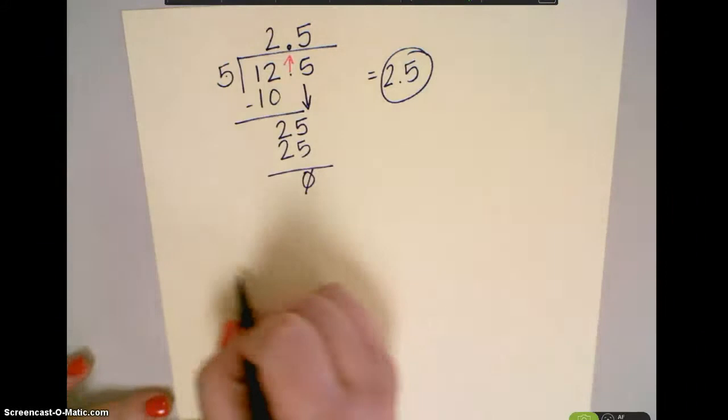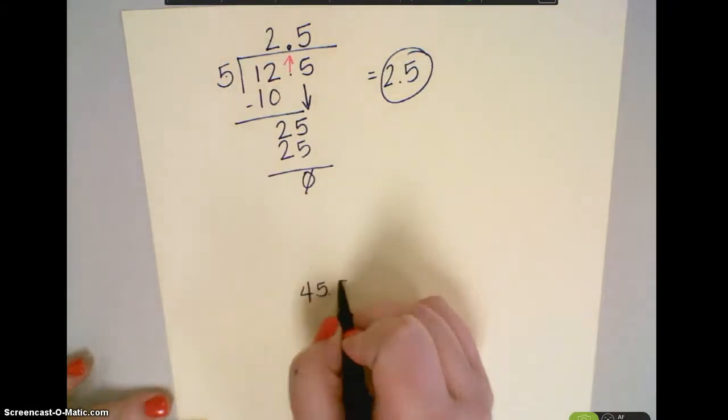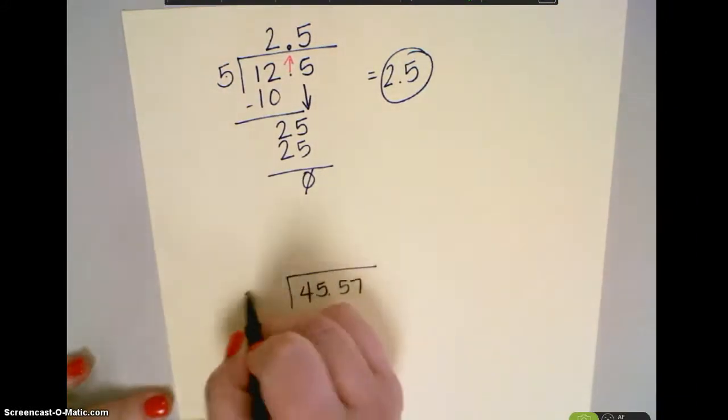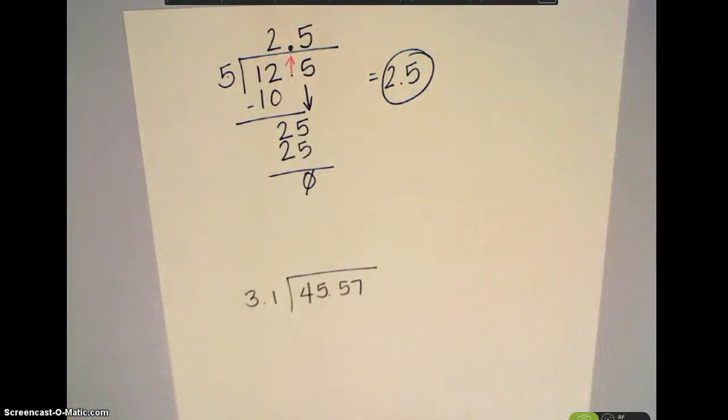So if I have 45.57 divided by 3.1. Okay, so where this gets a little bit tricky is I cannot have, or I don't want to have, any decimals on the outside of my division problem. So what we are going to do is come up with a way that we can move it. I can't just move things because I want to.